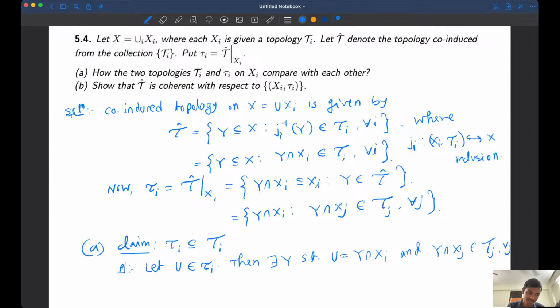Because Y intersection Xj belongs to tau j, and it is true for all j, so in particular it is true for I. This implies u equals Y intersection Xi belongs to tau I. So I just put j to be I, and I get that I picked an element from the smaller topology and obtained an element in the bigger topology.